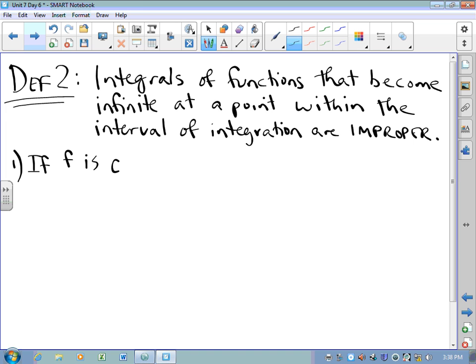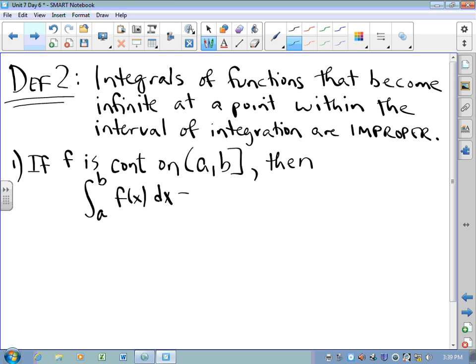If f is continuous on the half-open, half-closed interval (a, b], then the integral from a to b of f of x dx is... We should talk about this. This is the case where the function goes to infinity at a. So how do we handle that? We take a finite integral that we know how to do and let c get closer and closer to a from the right.